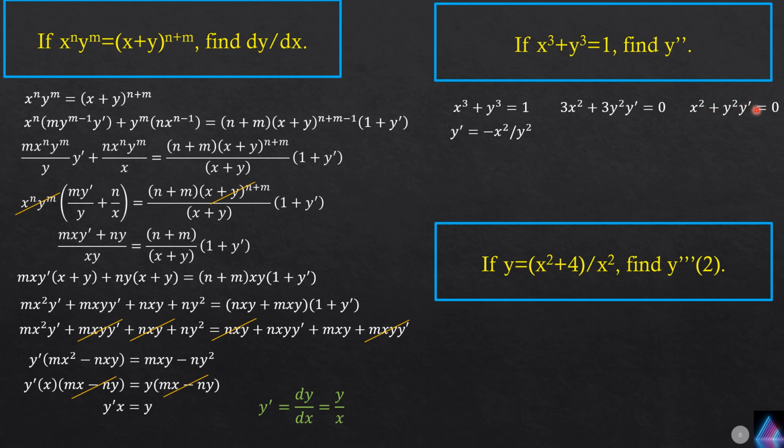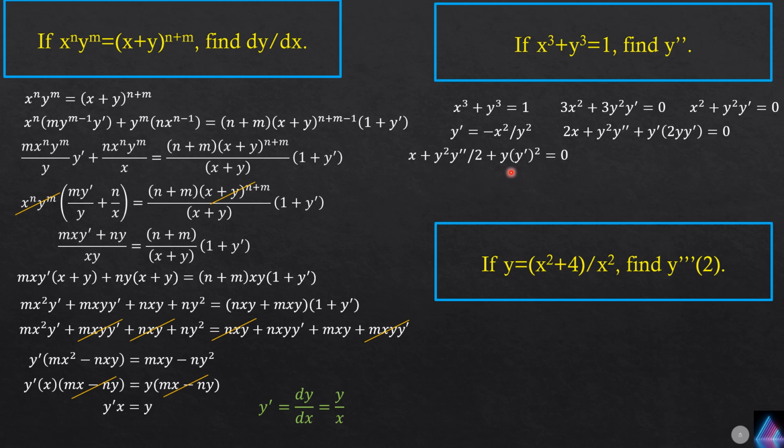We differentiate this further into 2x, then we have derivative of product: y squared times derivative of y prime, y double prime, plus y prime times derivative of y squared, 2y y prime. We divide everything by 2, so we have x plus y squared y double prime over 2, then plus y y prime squared equals 0.